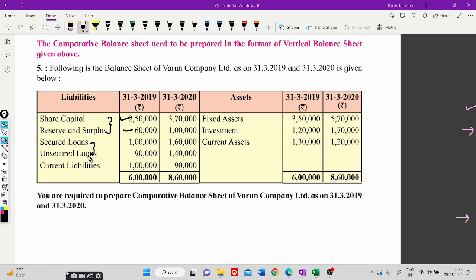Secured and unsecured loans will come under borrowed fund. So all these 4 will be non-current liabilities, or you can call as fixed liabilities, which are of long-term nature. Out of that, share capital is a permanent liability.